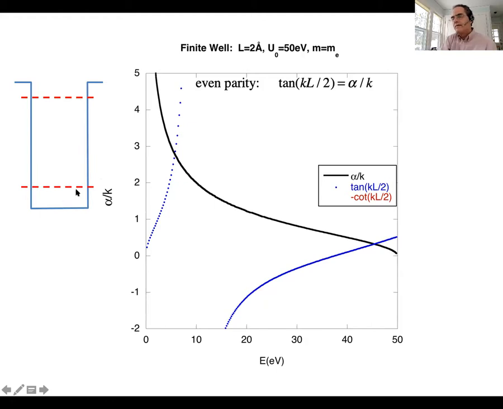Now, the lower state is probably the ground state, because we expect that the ground state will have even symmetry based on those sketches we made back at the beginning of the problem. This case is also an even symmetry solution.